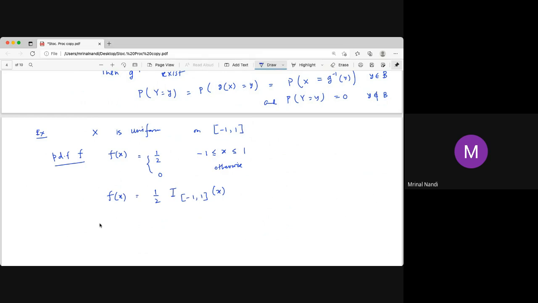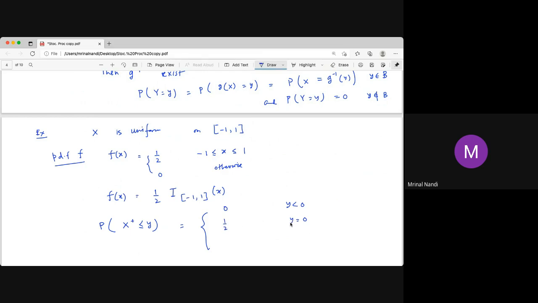Now what about the probability of X plus less than or equal to y? We can easily check that if y is negative, then obviously it is 0. If y is 0, then it is half.